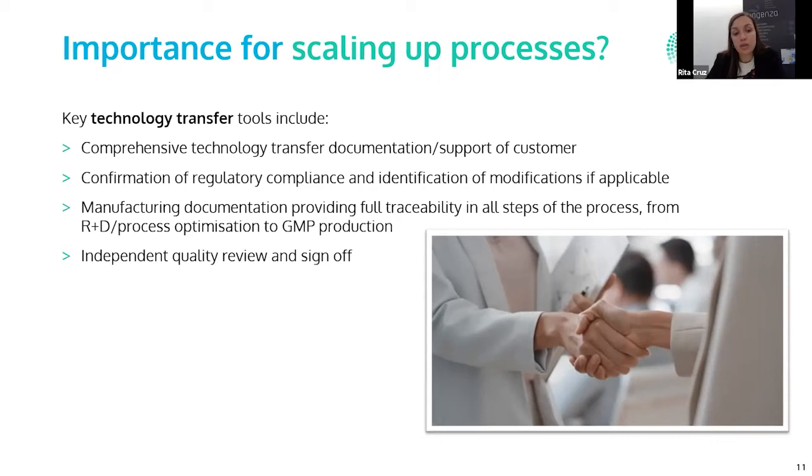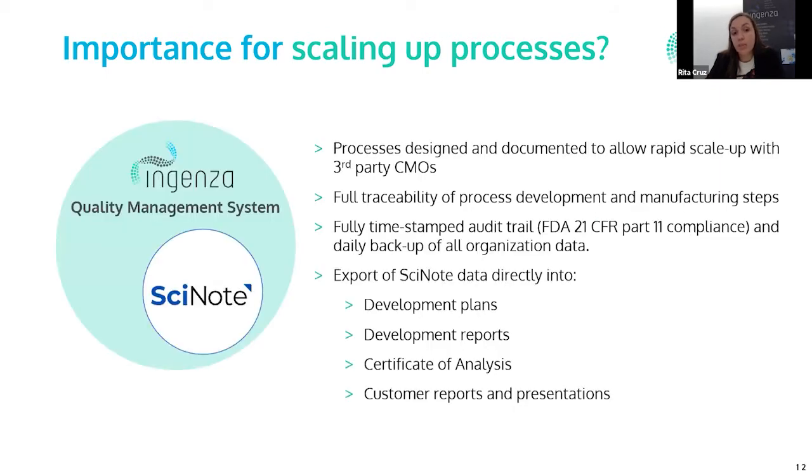And we need to be able to provide independent quality review and sign-off evidence. So these are all things that SciNote helps us do. And quickly, it became an integral part of our quality management system.